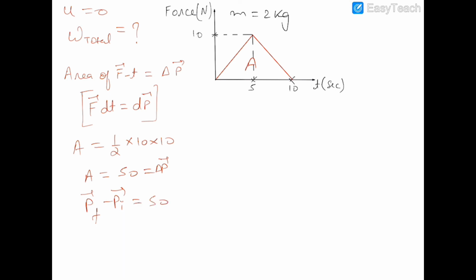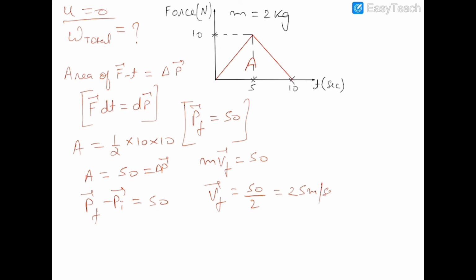So P final will be equal to 50 because P initial is 0. We are given that the initial velocity was 0. Now we need to find out the final velocity obviously. So this P final is equal to m into V final. This is equal to 50, and V final is equal to 50 upon mass. The mass is 2 kg, and that will be equal to 25 meters per second.